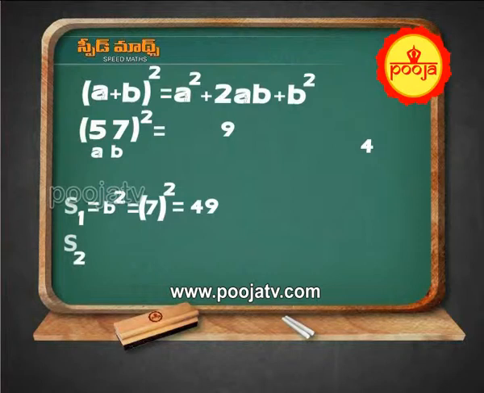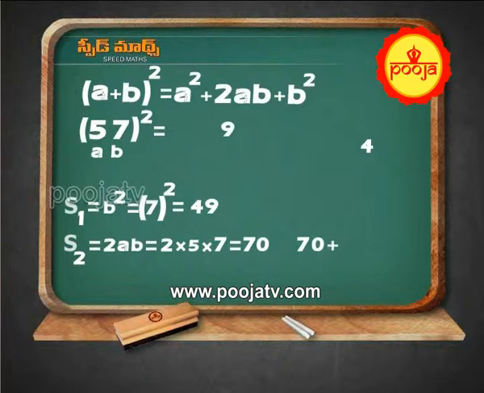Step 2: 2AB equals 2 into 5 into 7 equals 70. 70 plus 4 equals 74. 4 here, 7 outside.